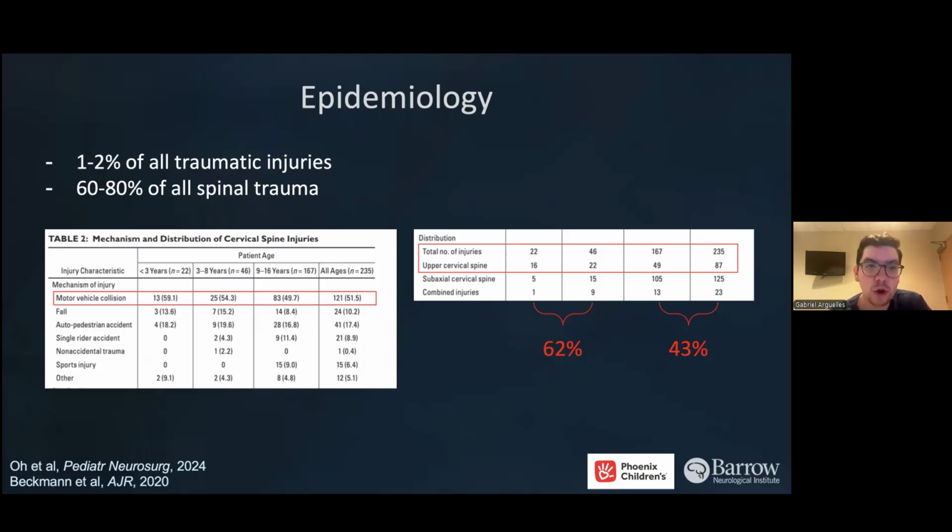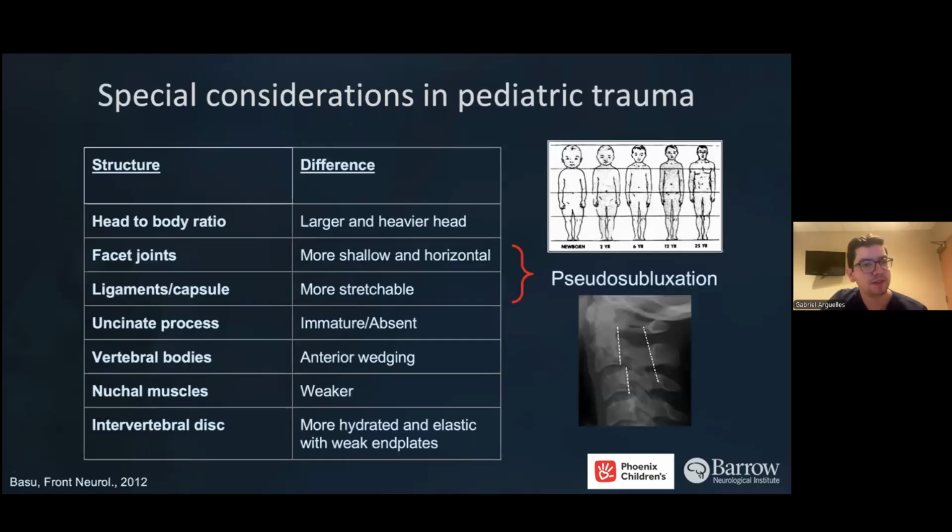And then when you go to the older range of children, 9 to 16, it drops down to about 40%. That gives us an intuitive, anatomic understanding of why the differences between children and adults are reflected in this difference in prevalence of cervical spine injuries. And that'll become clear after I talk about this slide.